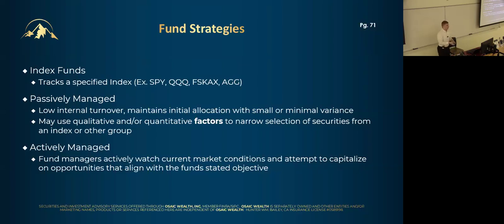So they might lower their selection from the 500 down to 100 or 150 or 72 or however they determine that. So that would be a way that they go, we think these factors make a better company, so we're just going to buy those versus everything in the index.